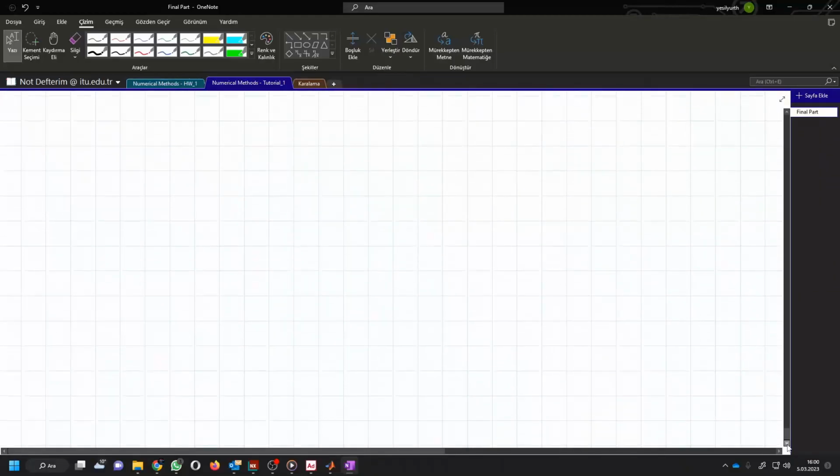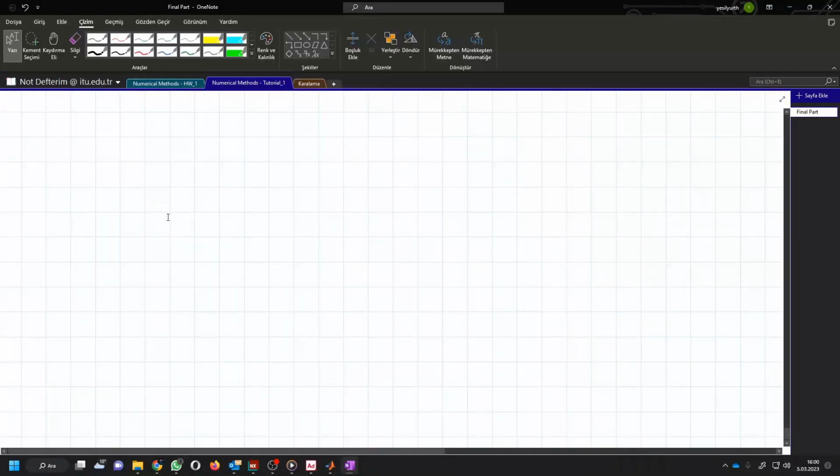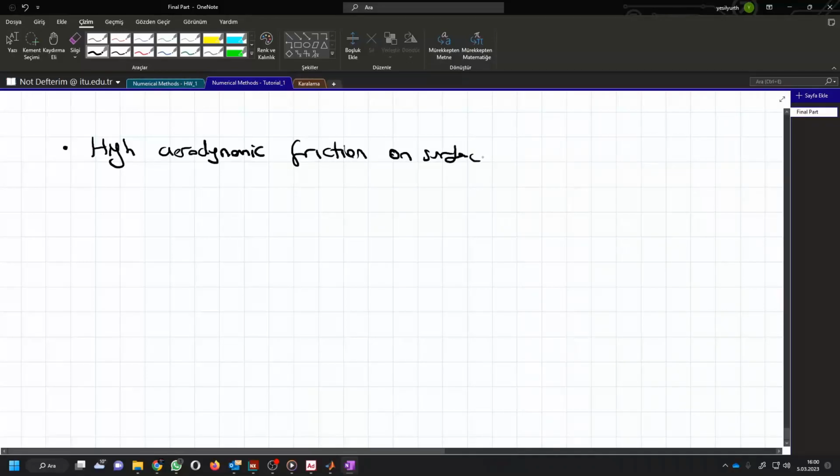What else? So we will be going at very high speeds again, which means high aerodynamic frictions on surfaces, which will change the boundary layer properties.